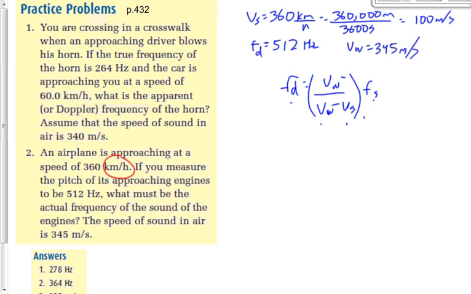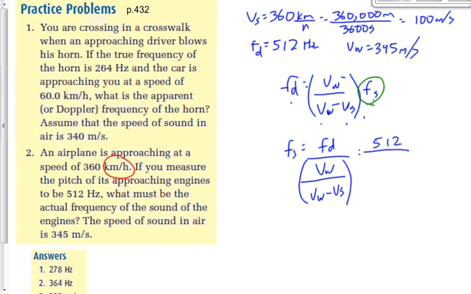All right. We also want to calculate FS as opposed to FD, but let's do the rearranging of that. We could treat this VW over VW minus VS as one term, so it becomes FD over VW minus VS equals whatever. So what do we got here? 512 divided by 345 divided by 345 minus VS of 100. So, boy, it looks a little ugly here.